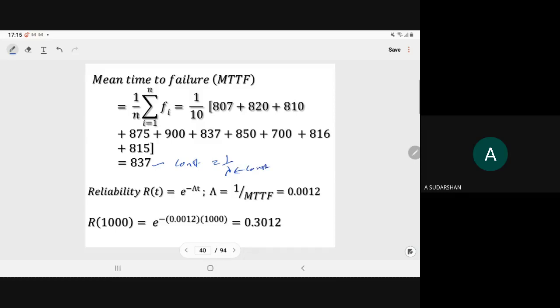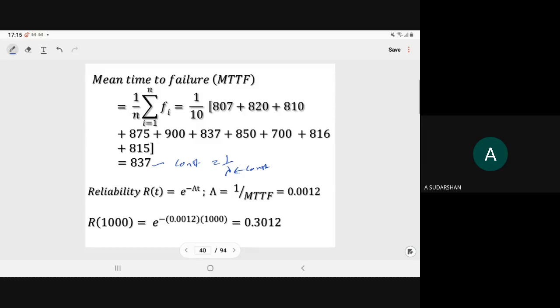So when lambda is constant, we have the MTTF constant. Wherever we have the MTTF coming as a constant, there you assume that it follows the exponential distribution. So MTTF is equal to 1 upon lambda.